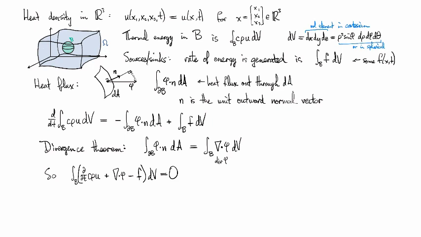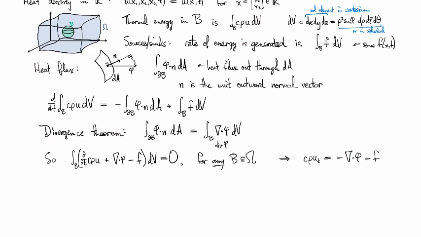And then, since this is true for any small ball contained in the region we're looking at, the same reasoning allows us to get rid of that integral sign, and we know then that c rho u_t is going to be equal to minus the divergence of phi plus f.